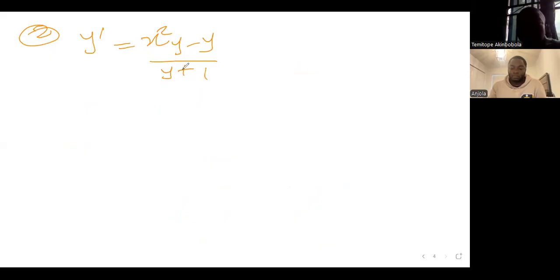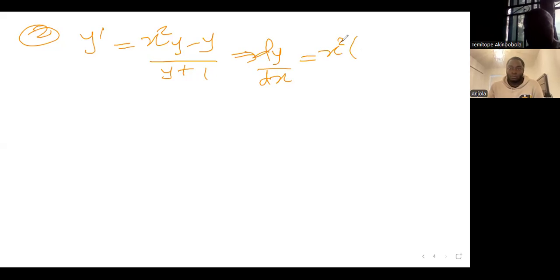And of course, indeed it is separable if you look at it closely. So this implies that dy ds equals s squared minus 1 y over y plus 1.